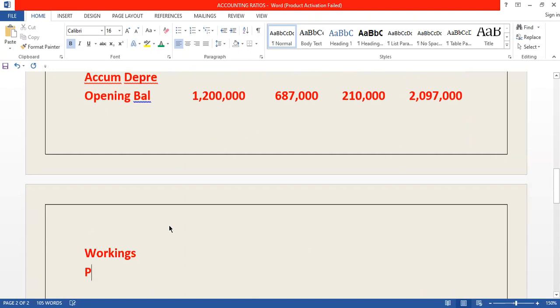The first asset was plant. Are we all right? Yes. So workings on property depreciation. How much is the cost of that asset?